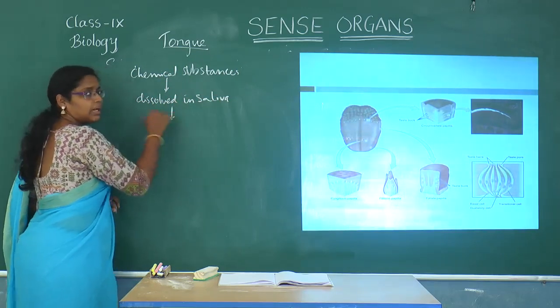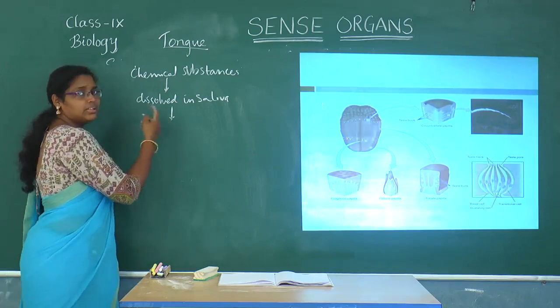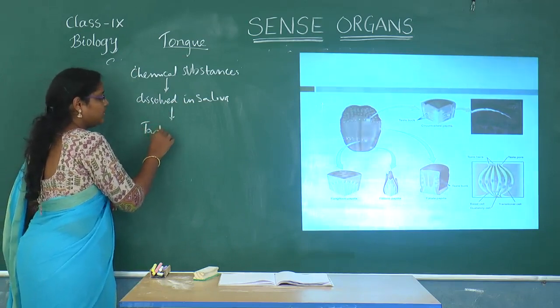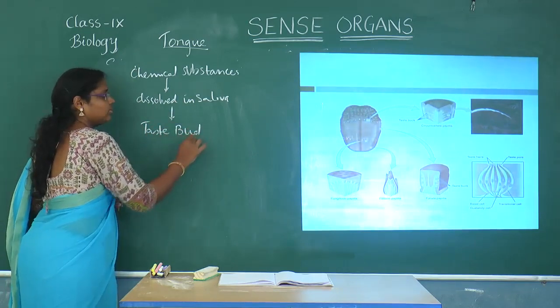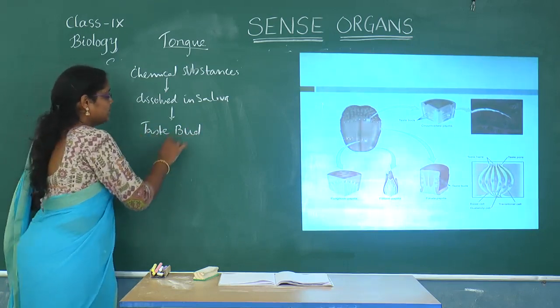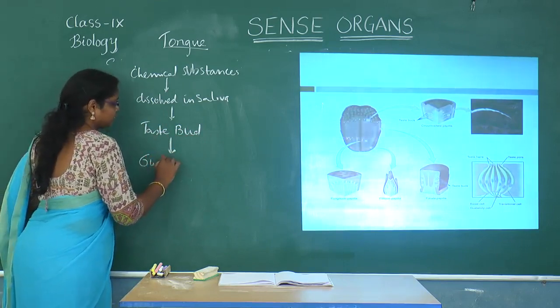When they are partially dissolved in saliva, these chemicals will be pushed into the taste bud with the help of the palate, and this taste bud contains the gustatory cells.